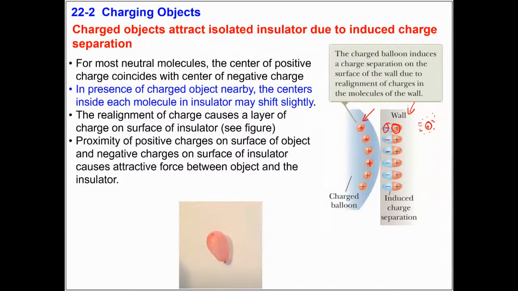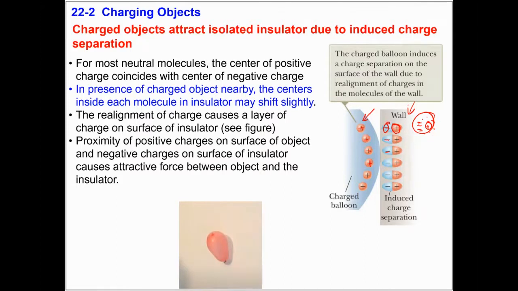Again, originally the cloud of electrons and the protons in the middle have the same center, but as soon as we bring a positively charged object, the electrons, which are negatively charged, will try to move to one side of the molecule more than the other side.